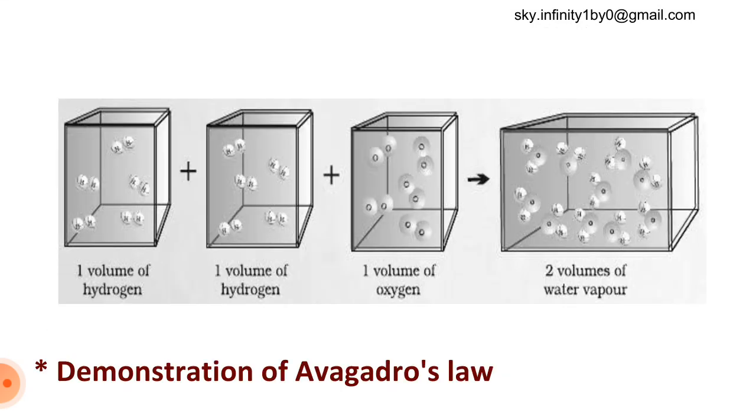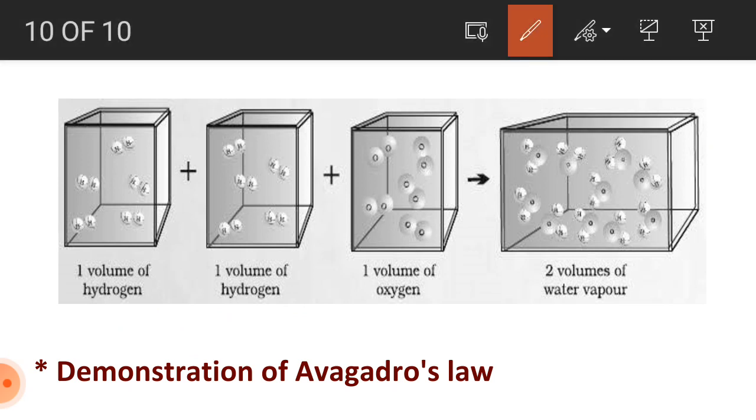This law can be understood along with Gay-Lussac's law through these examples. This is a typical demonstration of Avogadro's law. There is one volume of hydrogen, there is another volume of hydrogen, and there is one volume of oxygen. We see that in the first box of gas there are 10 hydrogens. In the second box also there are 10 hydrogens.